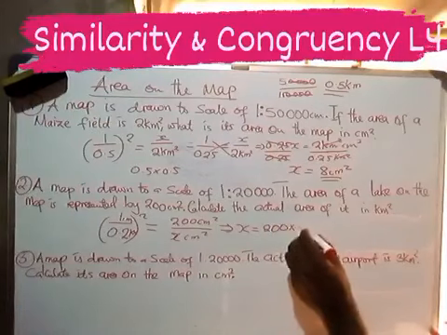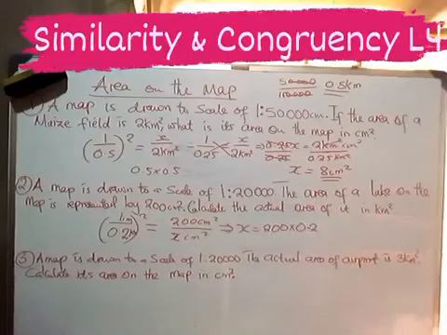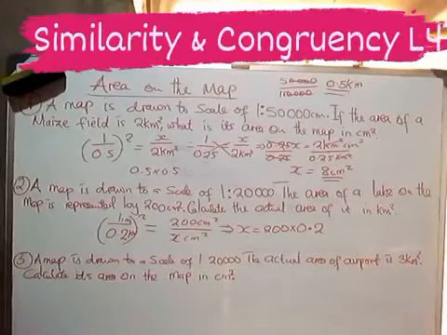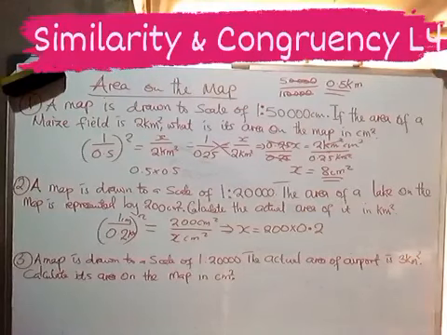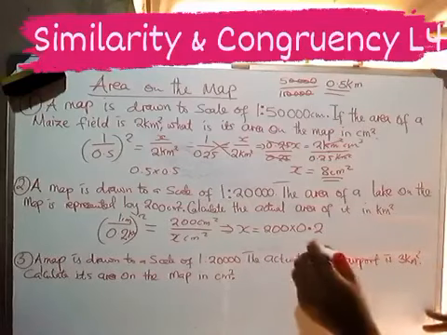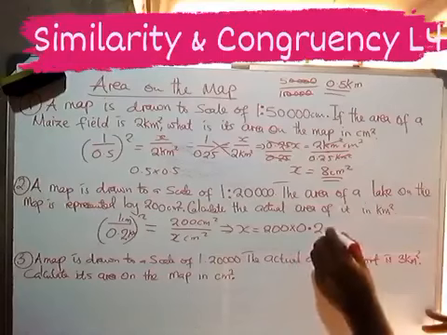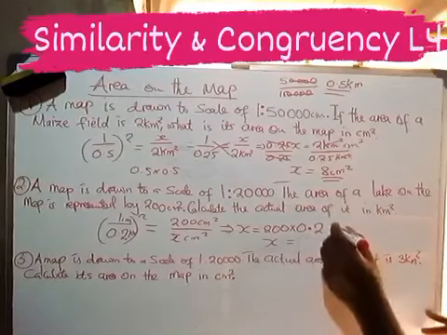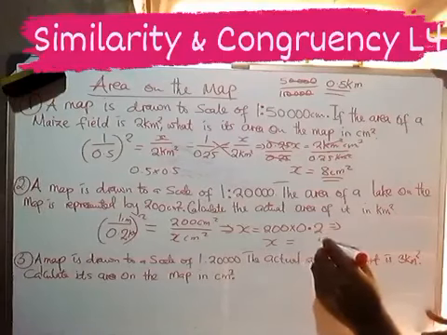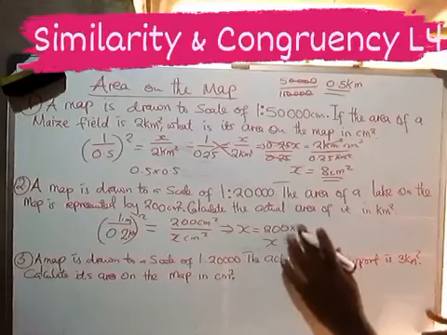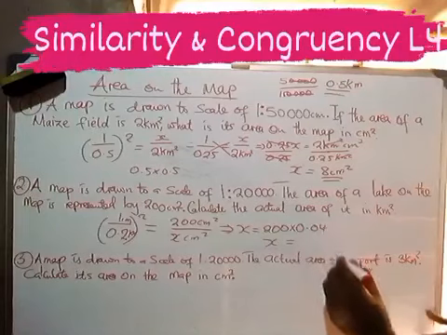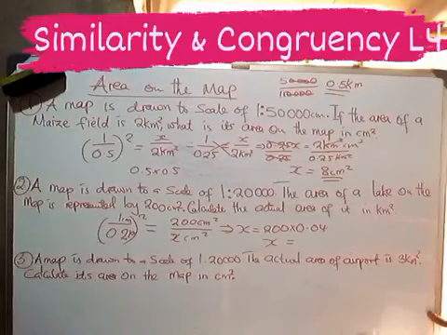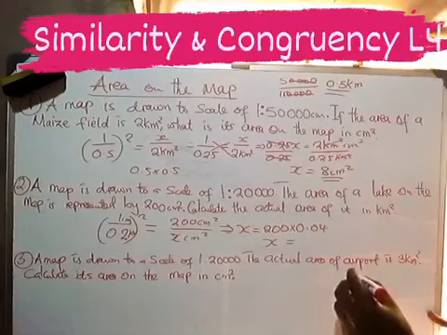So x is equal to 200 multiplied by 0.2. Rather, this one is not 0.2, the answer will be 0.04, because 0.2 squared is 0.04.